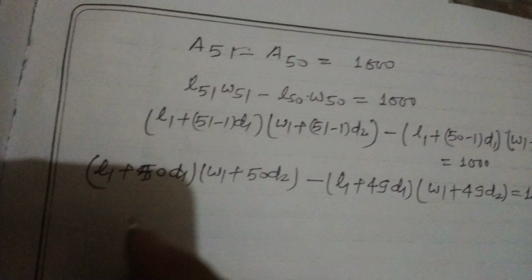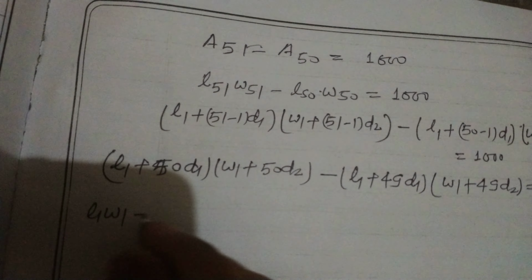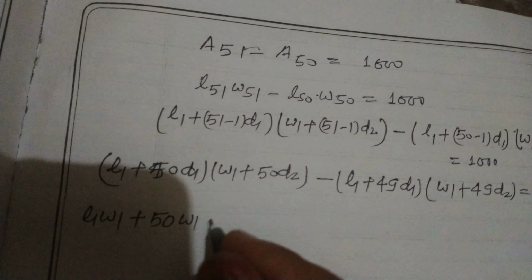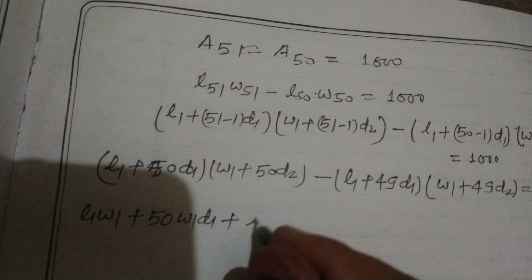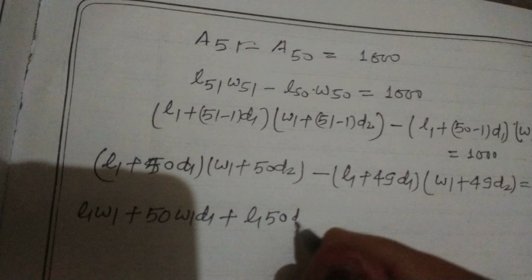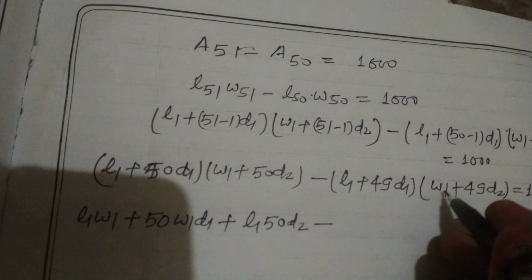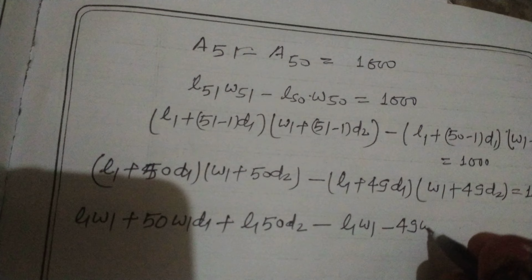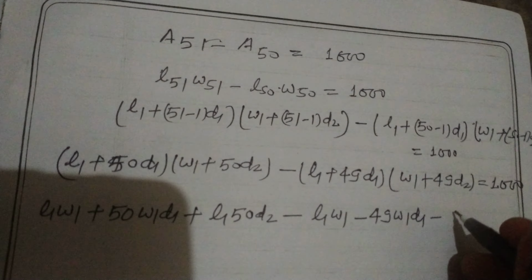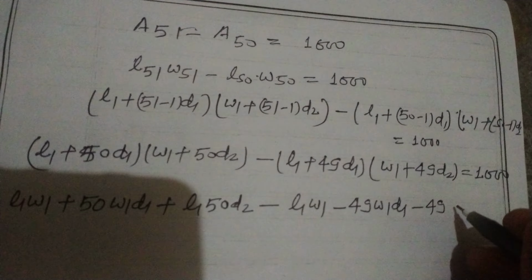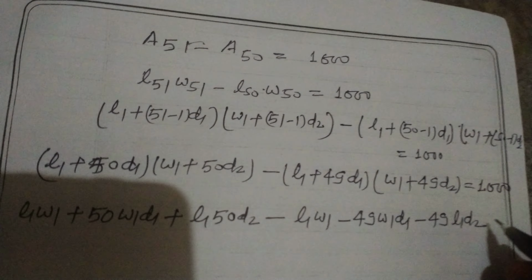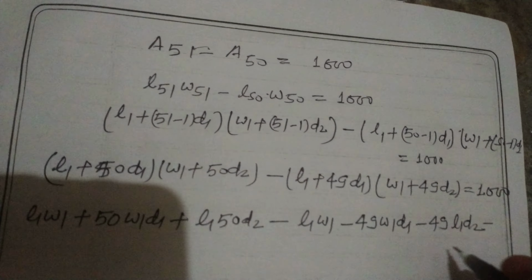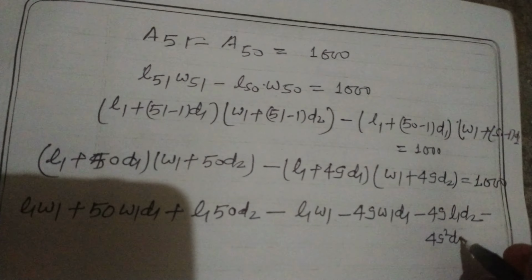Okay, now we multiply this and get L1 W1 plus 50 W1 D1 plus 50 L1 D2, minus L1 W1 minus 49 W1 D1 minus 49 L1 D2, minus 49 square D1 D2.